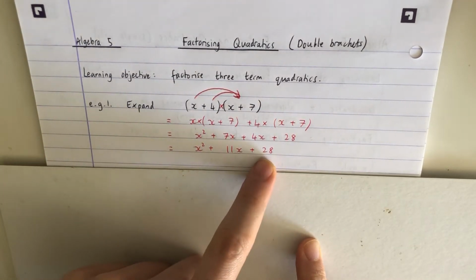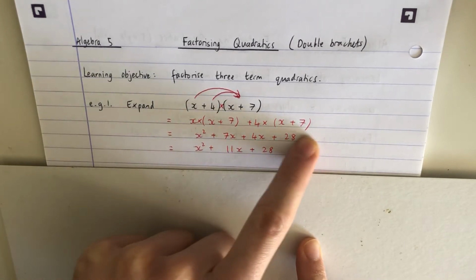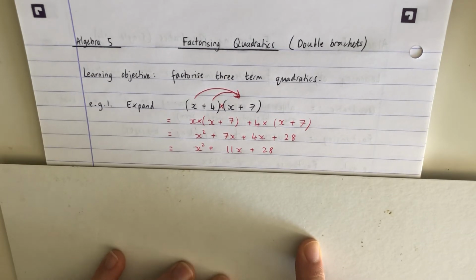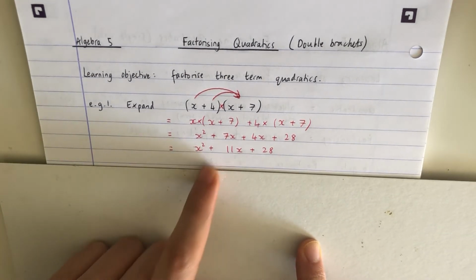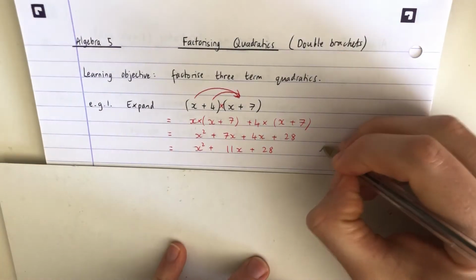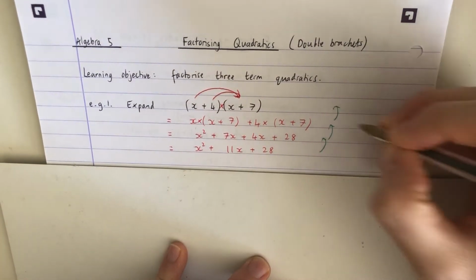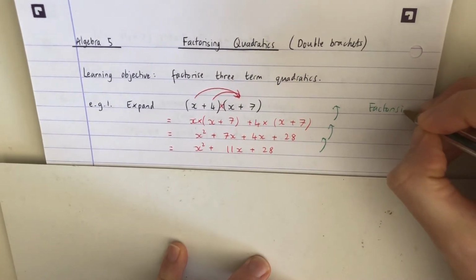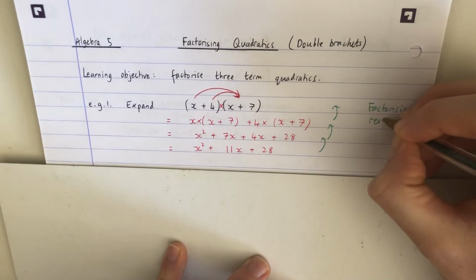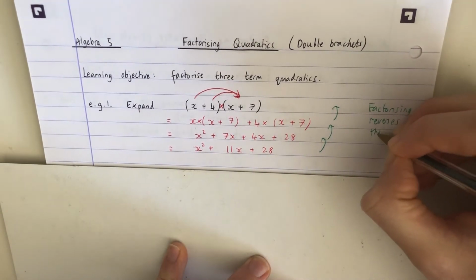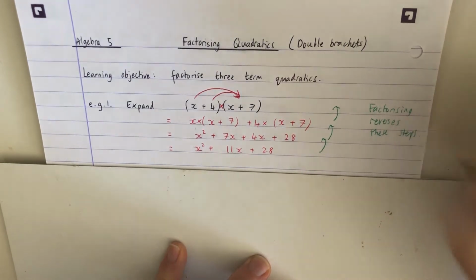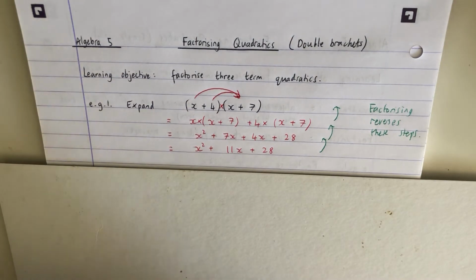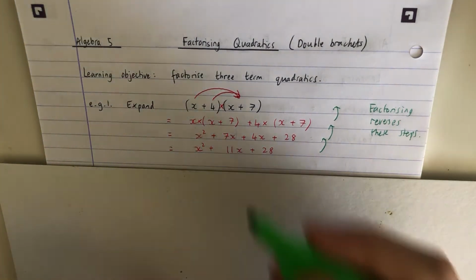So there should be a way to go from that final step there, backwards, then backwards again, then backwards to that double bracket expansion at the start. So factorising reverses these steps.